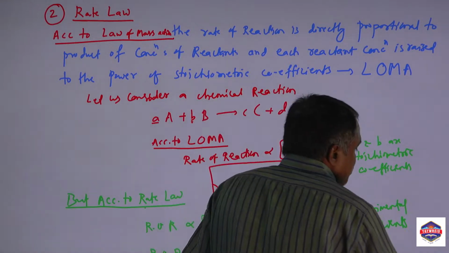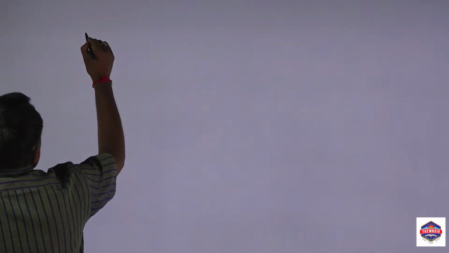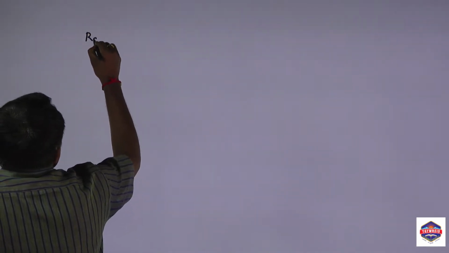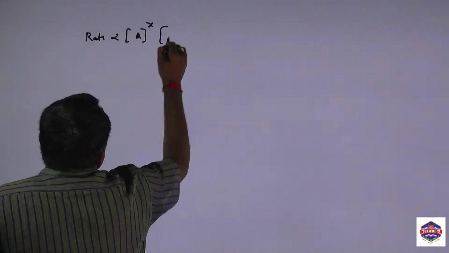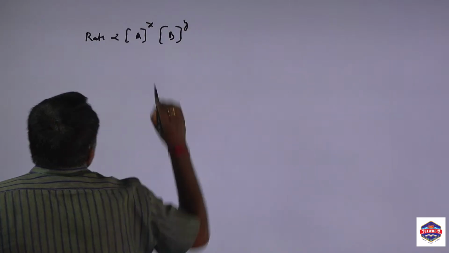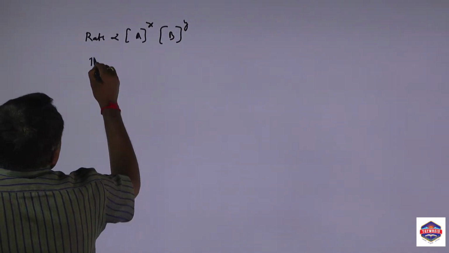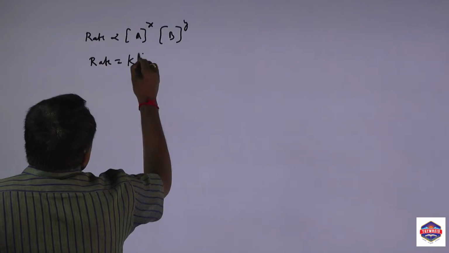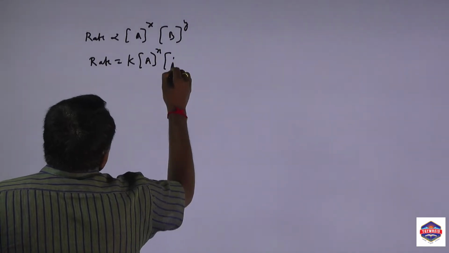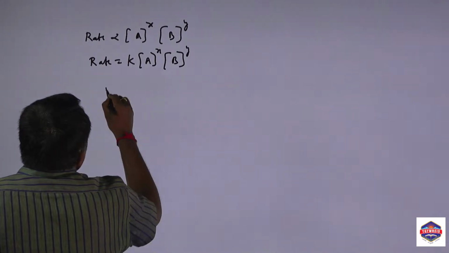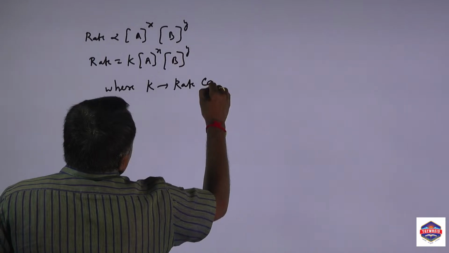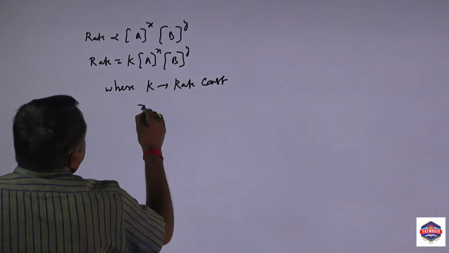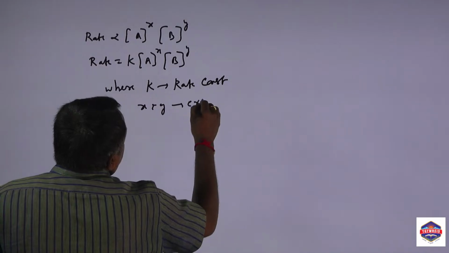So from the rate law, rate is directly proportional to [A]^x and [B]^y. So rate is equal to constant k into [A]^x and [B]^y, where k is the rate constant, and x and y are the experimental coefficients.